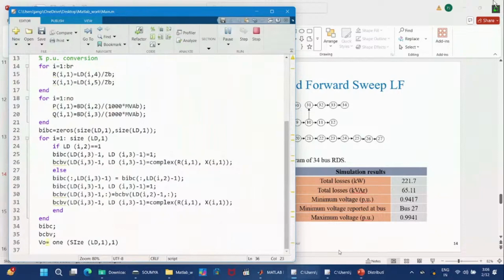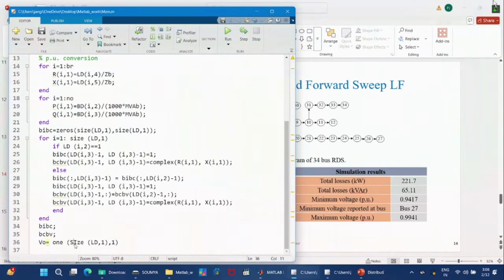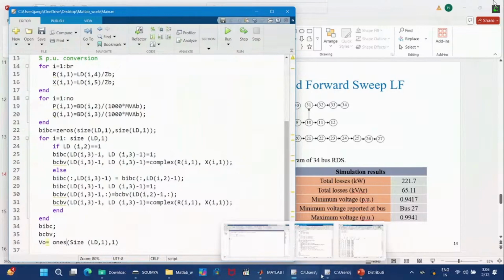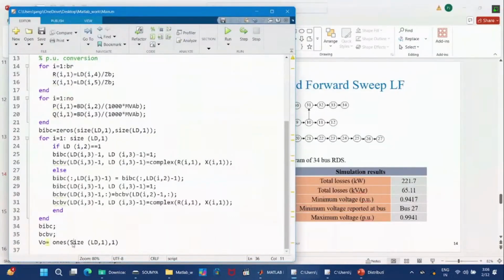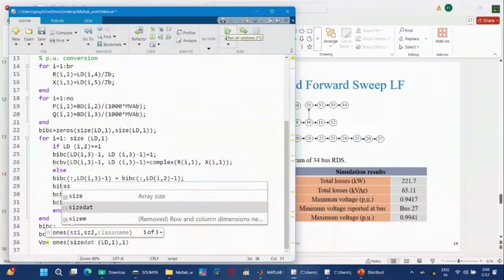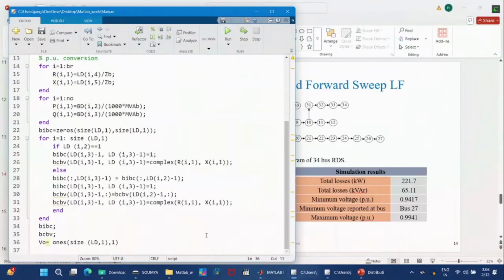Let's check once whether it is coming or not. This is what we have considered: initial voltage for all node buses as 1.